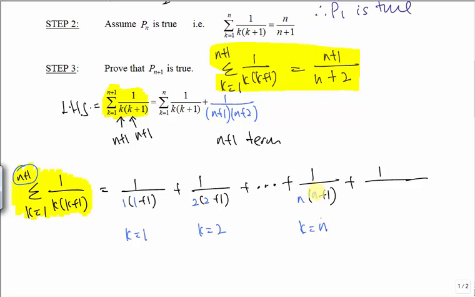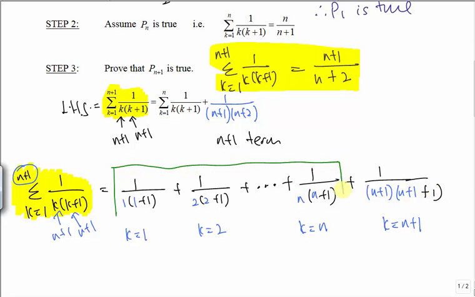So after k equal to n, we should have one more term, the last term, k equal to n plus 1. That means we are going to substitute k by n plus 1 here. So I will get n plus 1 times n plus 1 plus 1. What can we say about this expression here?